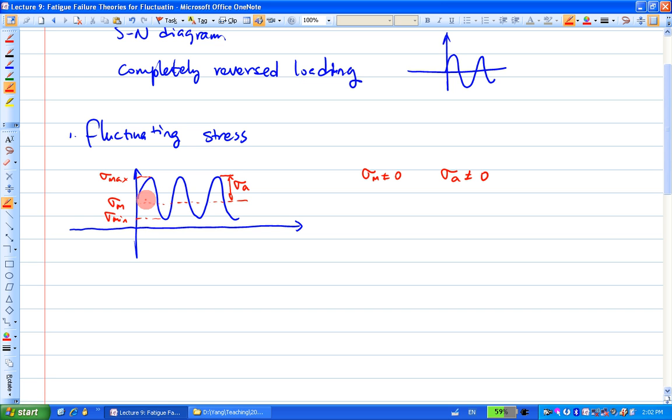See what happens if you set sigma m equal to 0. Then you basically have the completely reversed loading, right? What if sigma m is not 0, but sigma A is 0? What does this become? Exactly, it's just a line. It's not fatigue anymore.